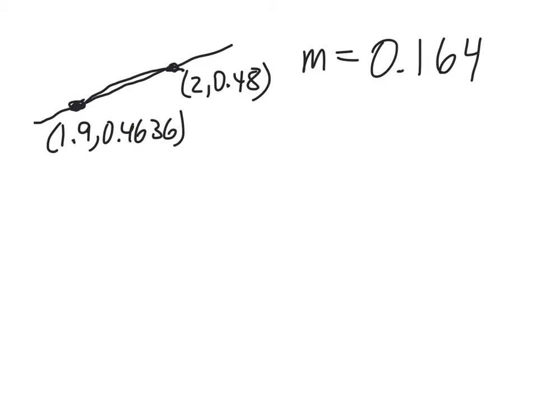How would we get an even better approximation to that slope of the tangent line? Looking for the slope of the tangent line here, what could we do to get a better approximation than what this is?